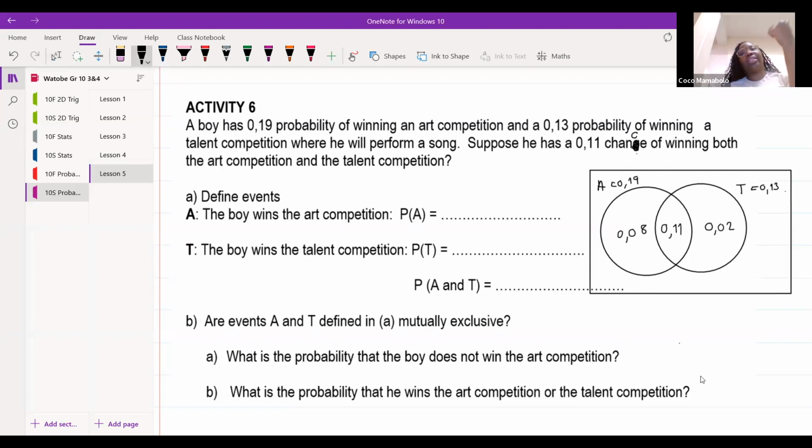So 0.08 plus 0.11 plus 0.02 would give us how much? It gives us 0.21. So what goes on the outside of our circle? 0.79. All the probabilities put together must give us 1.